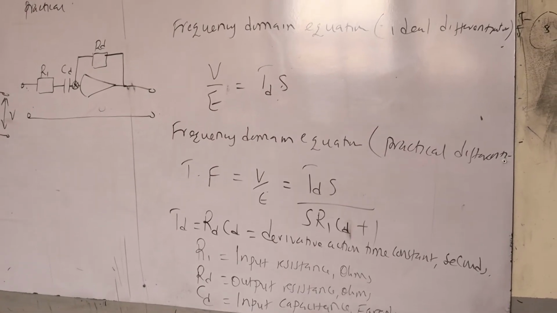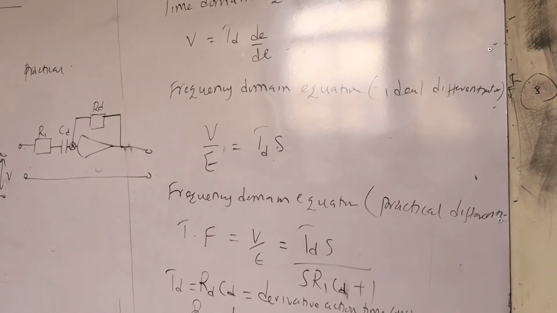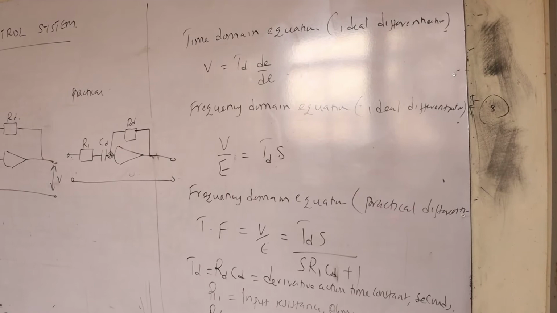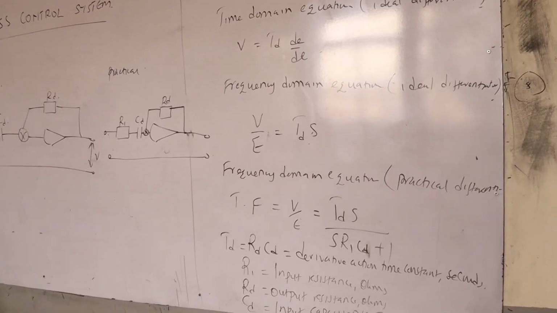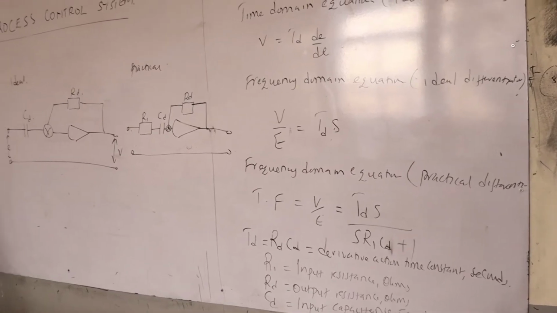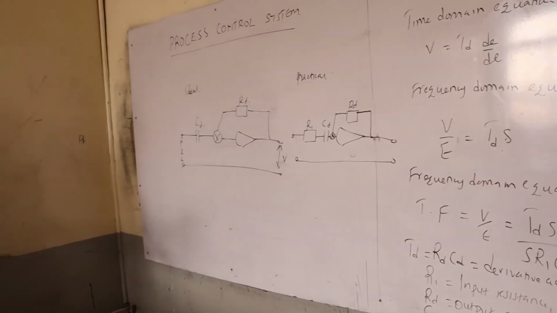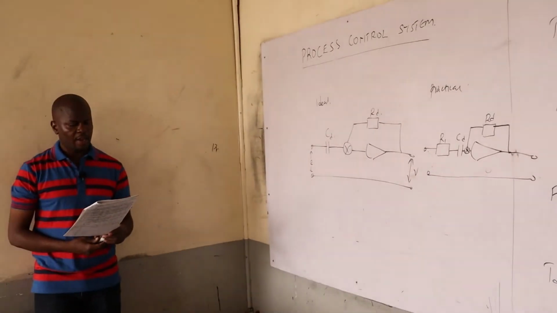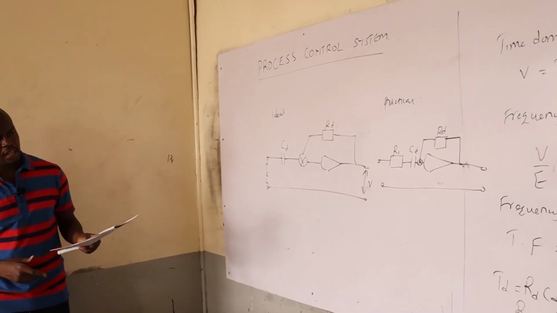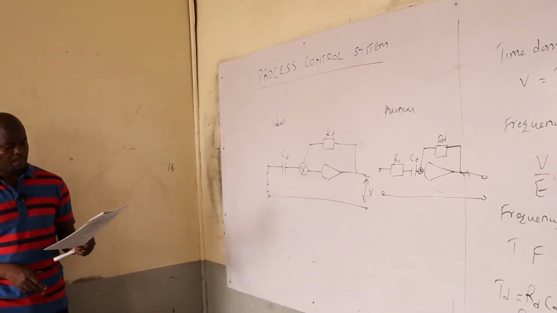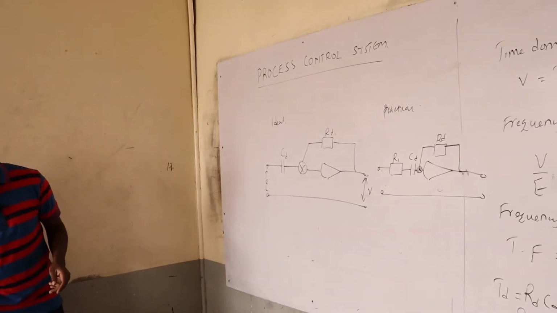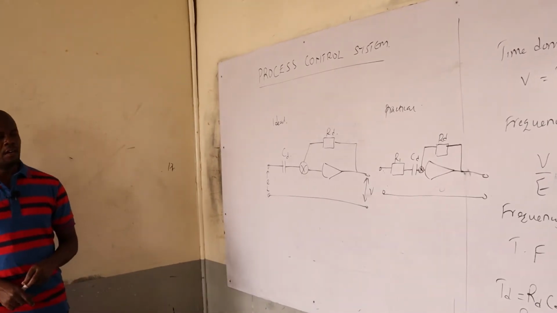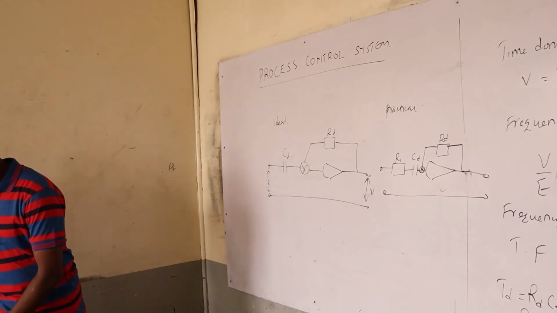So basically that is what the derivative mode of control is all about. The additional term, s R1 CD plus 1, is always used in order to limit the response that is produced by rapidly changing signals.